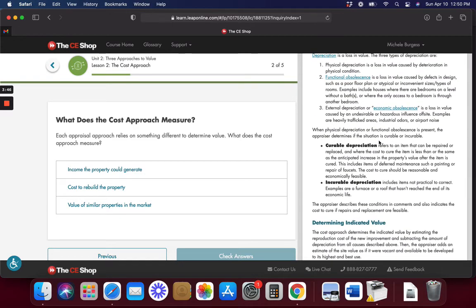Curable depreciation refers to an item that can be repaired or replaced. Incurable depreciation includes items not practicable to correct, examples being a furnace or a roof that hasn't reached the end of its economic life.